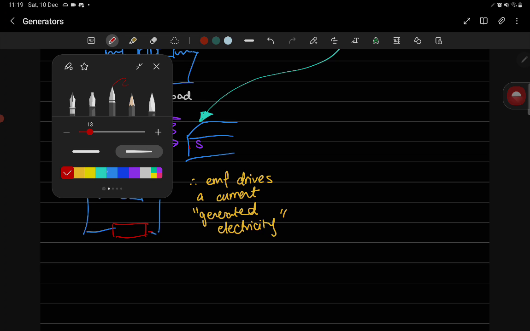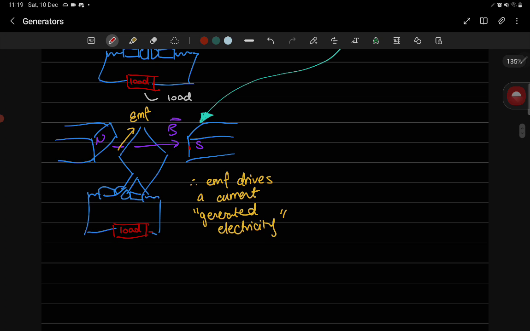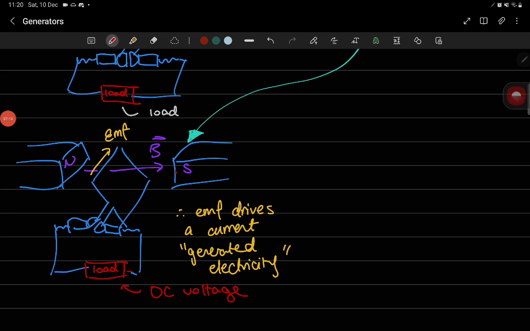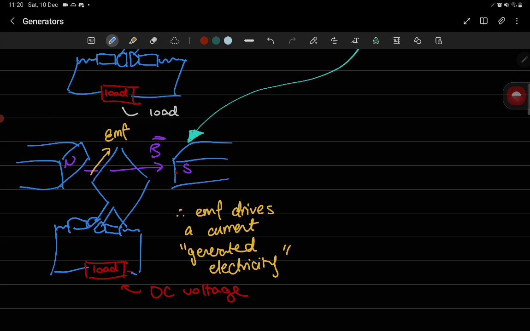So you can think that through to make sure you understand that. But the final voltage produced is a DC voltage, and that is then conferred to the load.